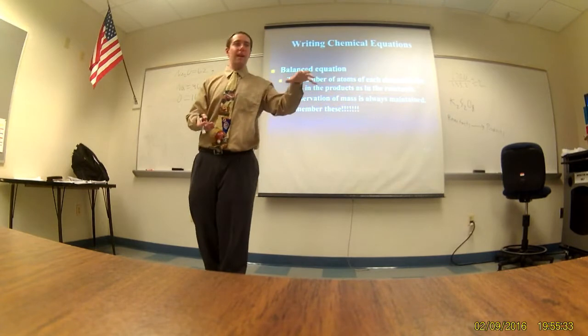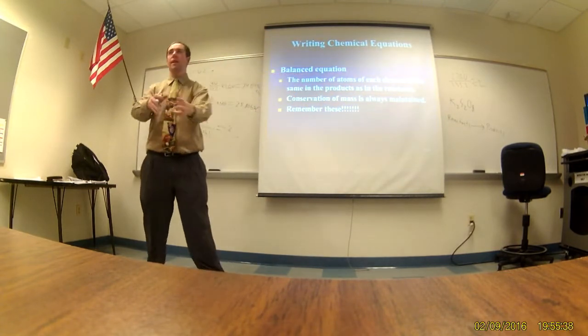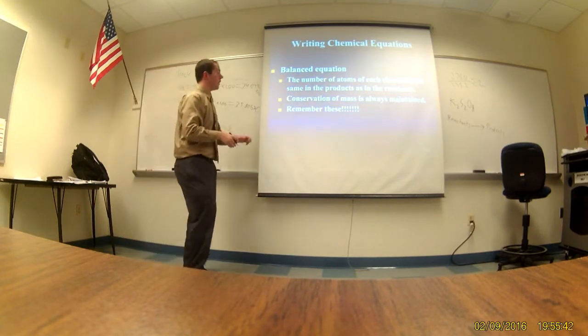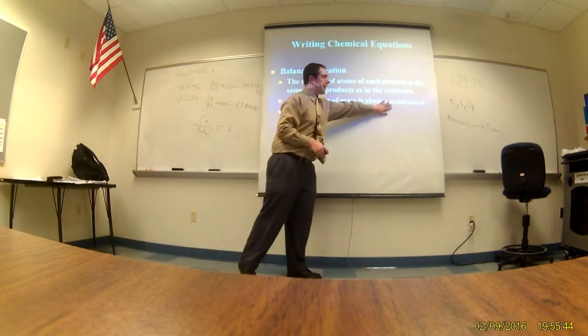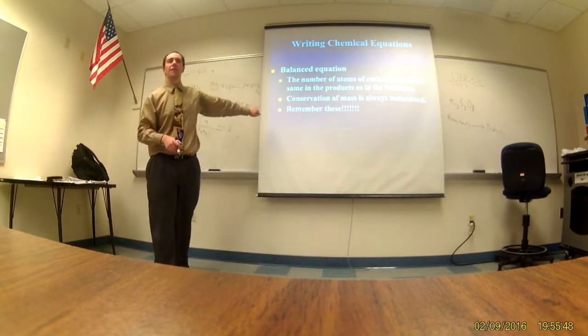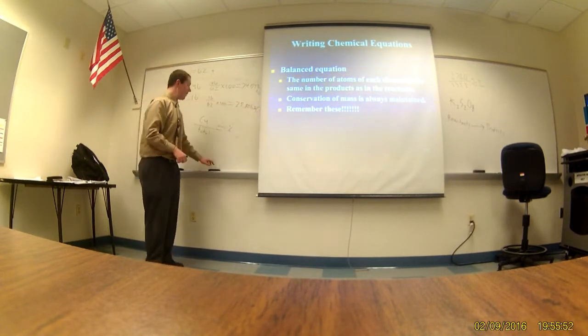If you add a gram of this and a gram of that and a gram of that, whatever you make better be 3 grams. The mass will never change. Don't forget about conservation of mass. It is a law. You break the law, you pay the penalty.